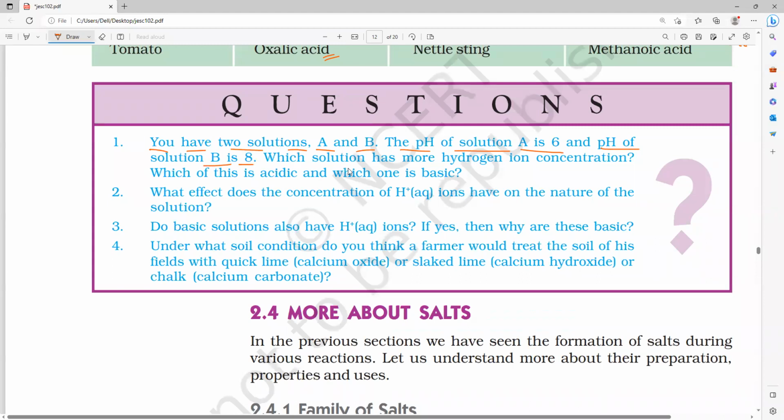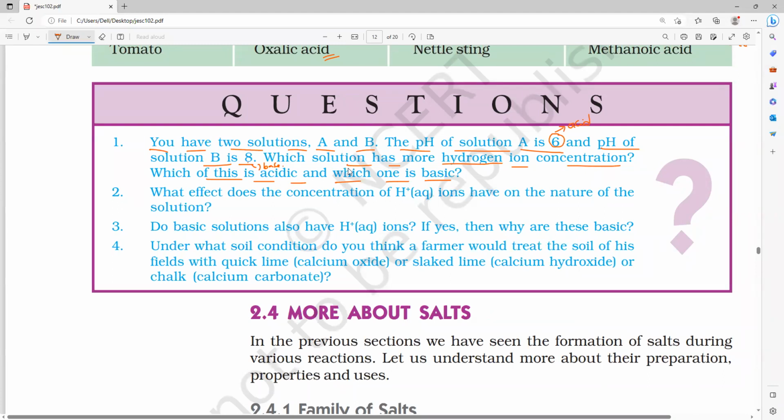We can identify solution A: 6 means it is acid or base? Acid. And pH of solution B is 8, so we can say it is a base. Which solution has more hydrogen ion concentration? Which of these is acidic and which is basic?